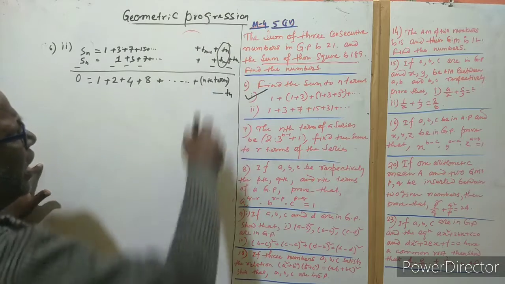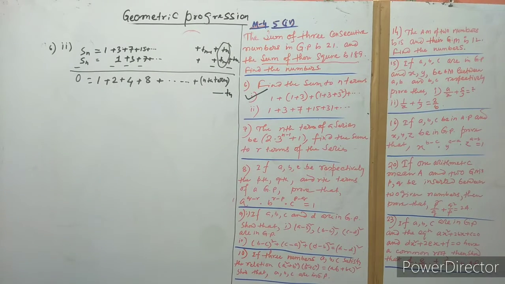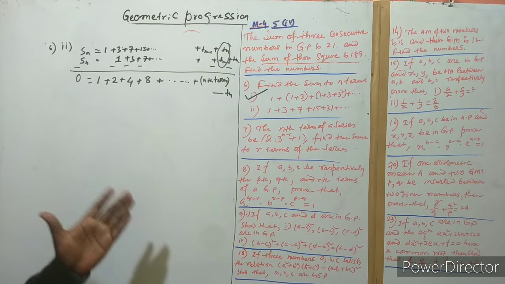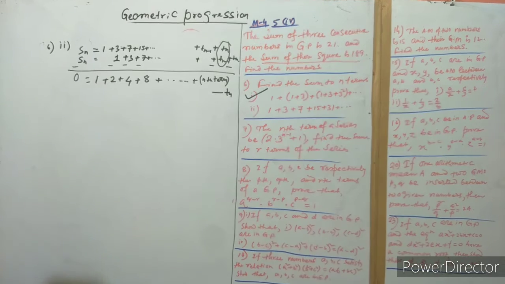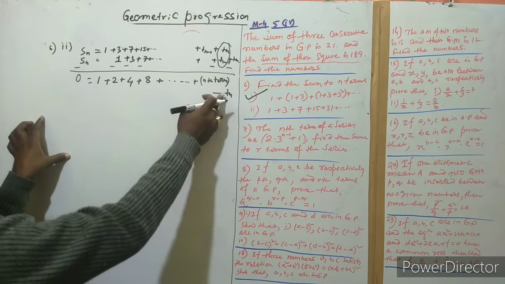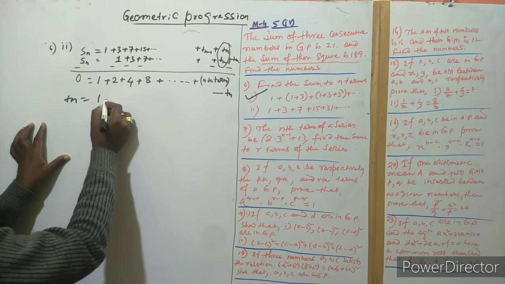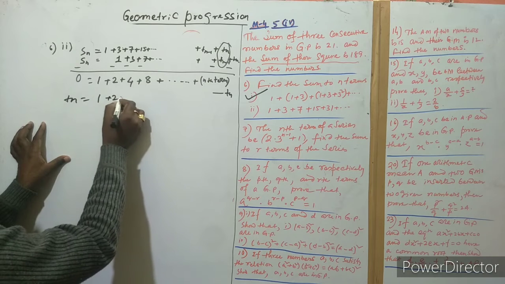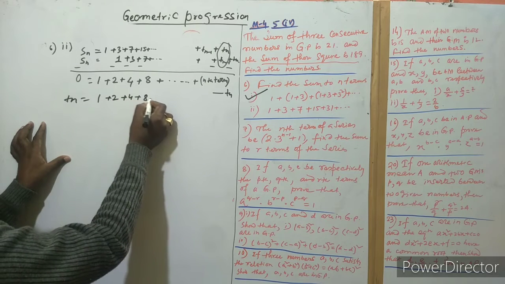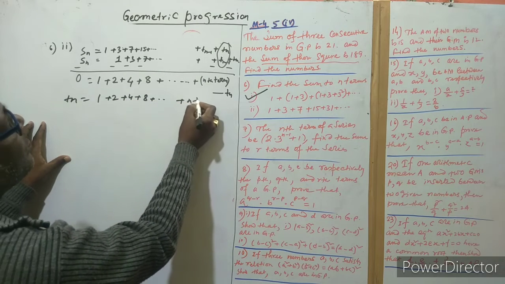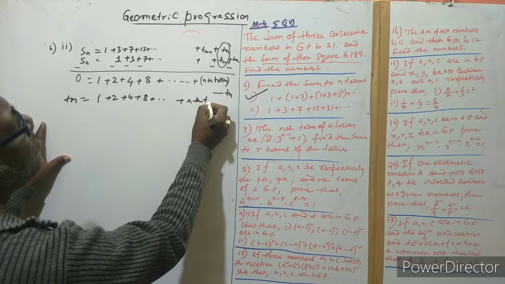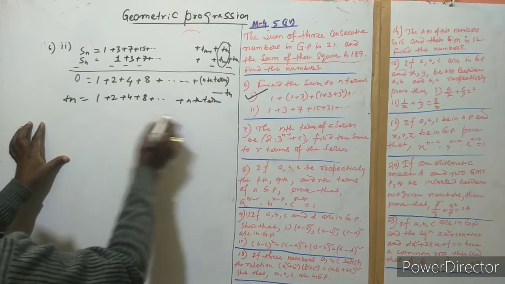I don't need the value there; it is symbolized that this is the nth term. Now this is 0, so Tn is transferred to the left hand side. So what do you see there? This is the sum of the series, and this is the nth term.